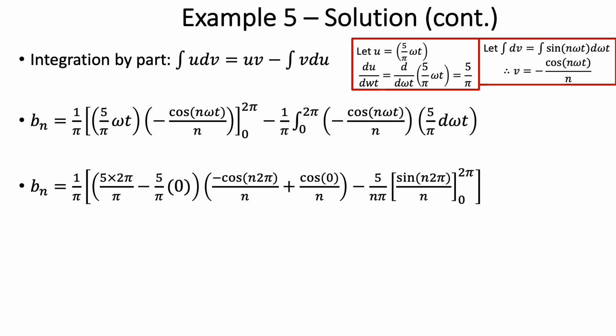Next, we proceed with putting the values for the integration. And finally, we have coefficient Bn equals minus 10 over nπ.